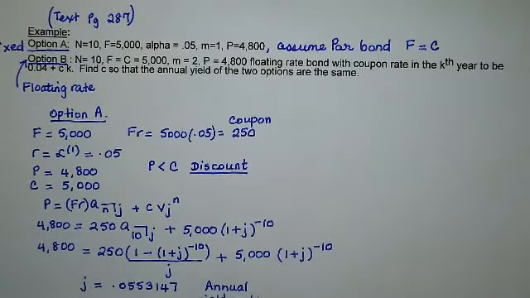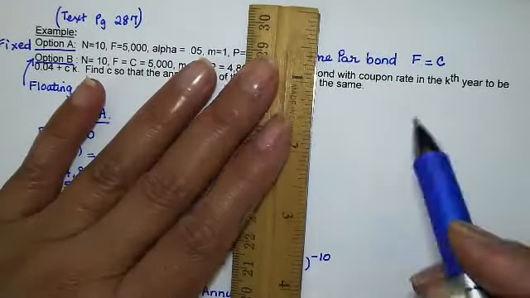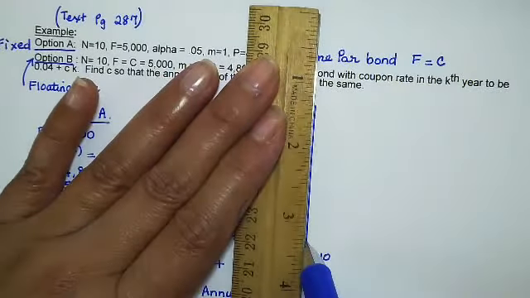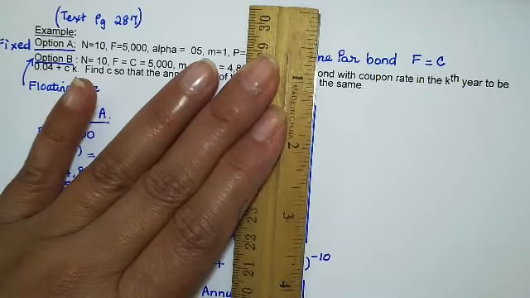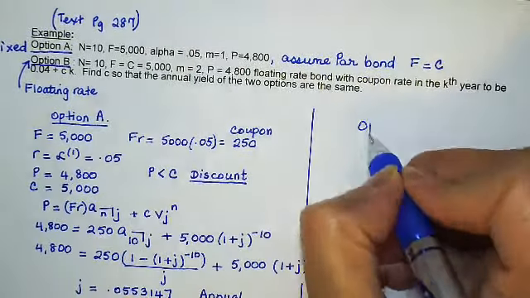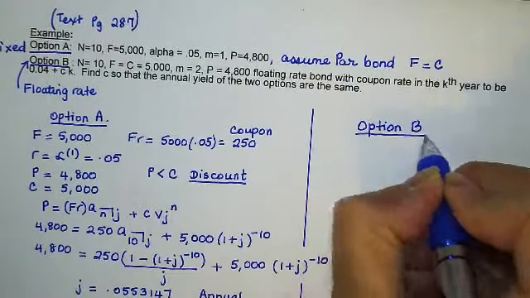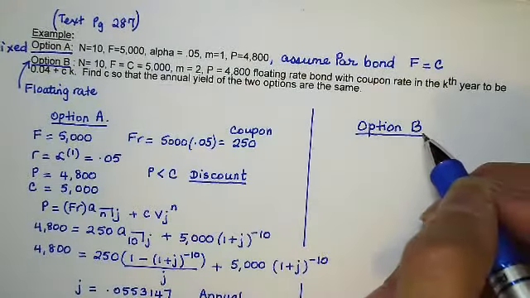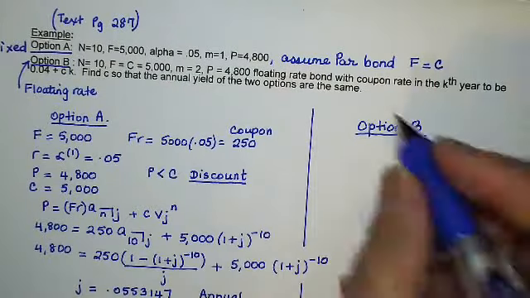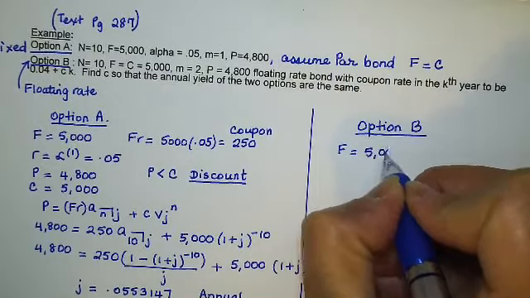Next, I work on option B. So let's go here. Option B. Now I have floating rates.